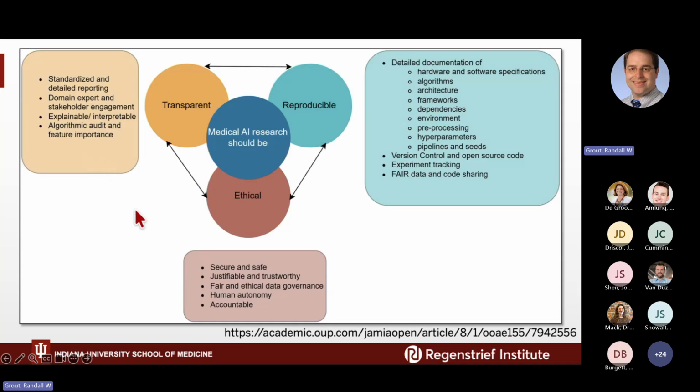And under the reproducible side, having detailed documentation of things like the hardware, software specifications, the algorithms, the architecture, the dependencies, the environment, hyperparameters, pipeline seeds, version control if possible, having a repository available. And ethical, being fair and safe, having human autonomy, accountable, things like that. And this is after reviewing these different guidelines and some recommendations in common from those.